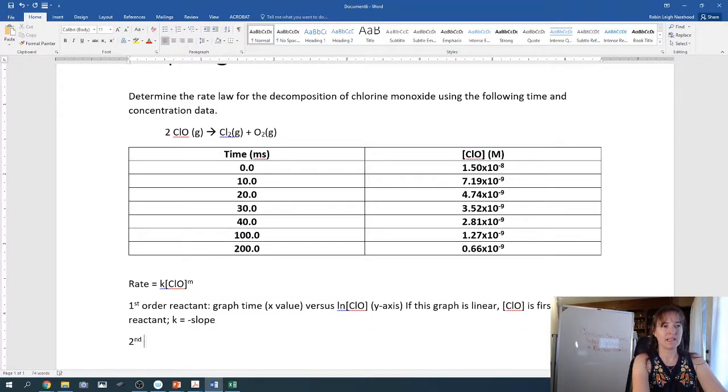If it is a second order reactant, then you're going to graph time, again that's your x value, versus 1 over your concentration.